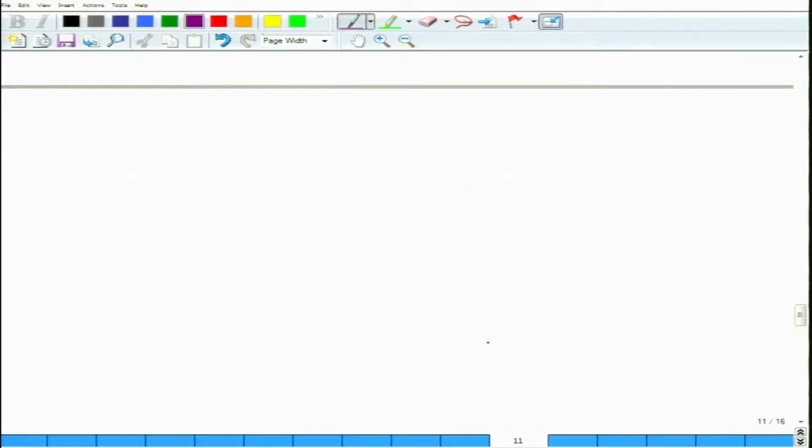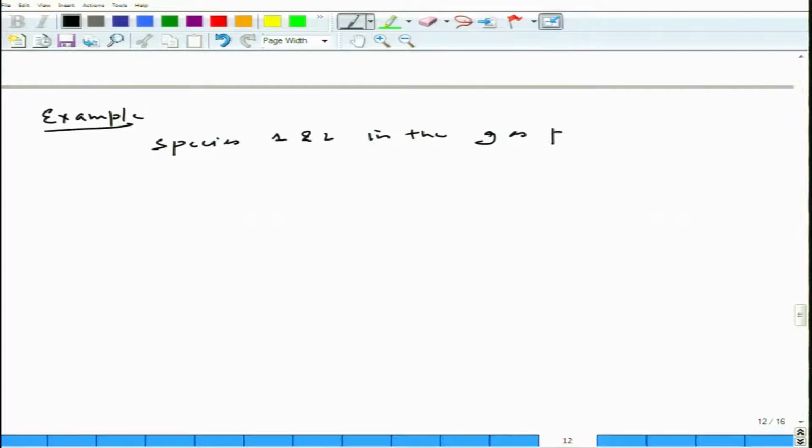So, let me try that example also. This example states that species 1 and 2 in the gas phase obey the following equation, where Z is the compressibility factor and alpha is the summation of yi yj alpha ij.